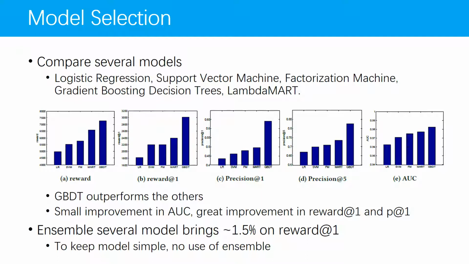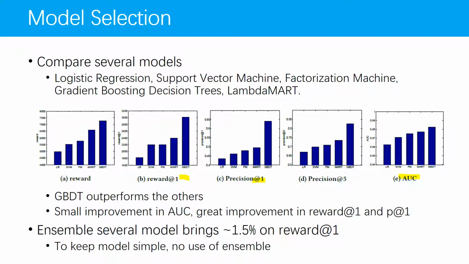Among these models, gradient boosting decision tree performs the best. One interesting observation is that GBDT has only a small improvement in AUC, but it has a great improvement in rewards at top 1 and success user rate at top 1.